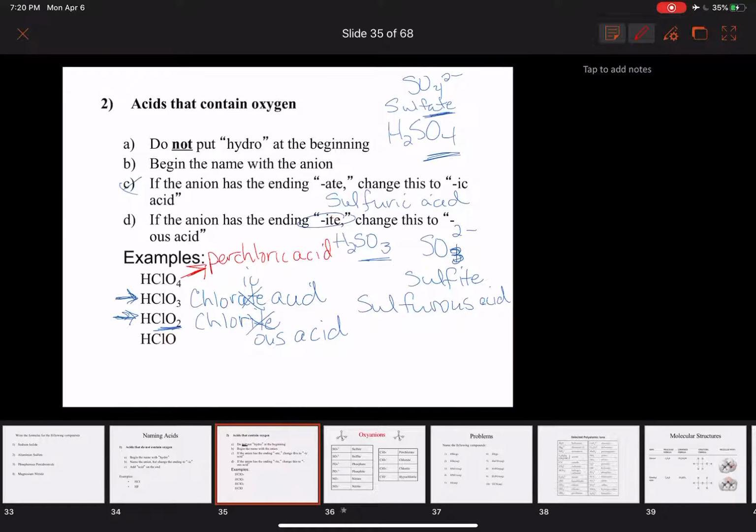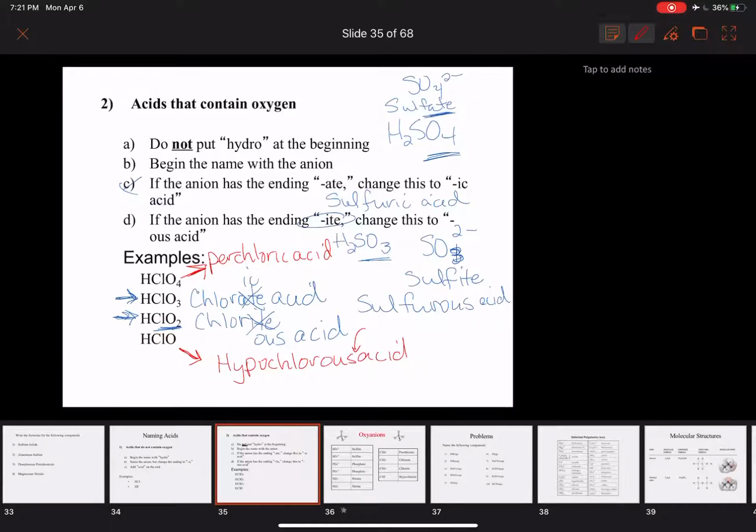So this one on the bottom right here, the anion is hypochlorite. So that means then this one is hypochlorous acid. And there should be a space right there.